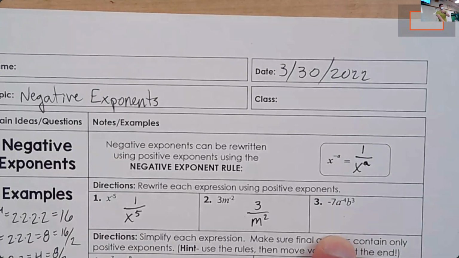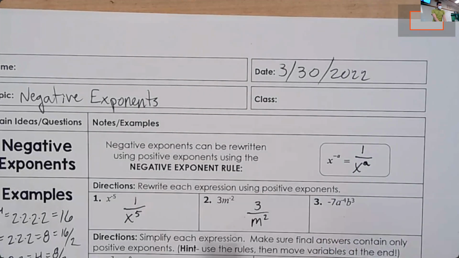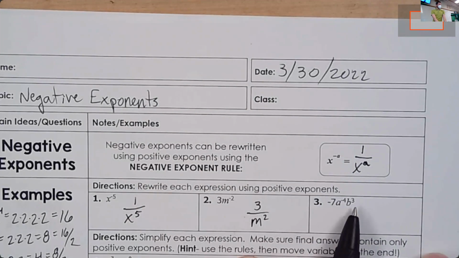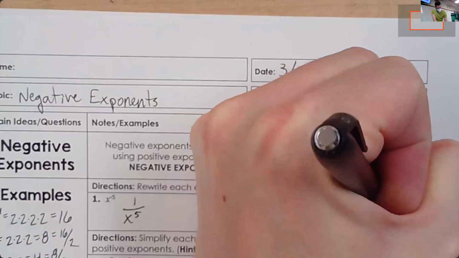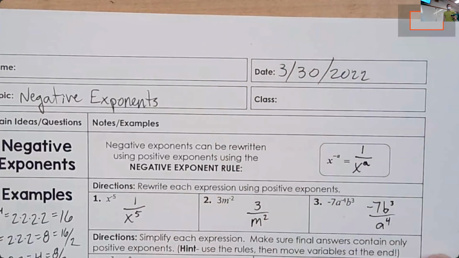We cannot have negative exponents in order for something to be simplified. So the -7 stays where it is. b to the 3rd stays where it is. a to the -4th gets moved to the denominator. So we get -7 b to the 3rd power over a to the 4th power for our answer on number 3.